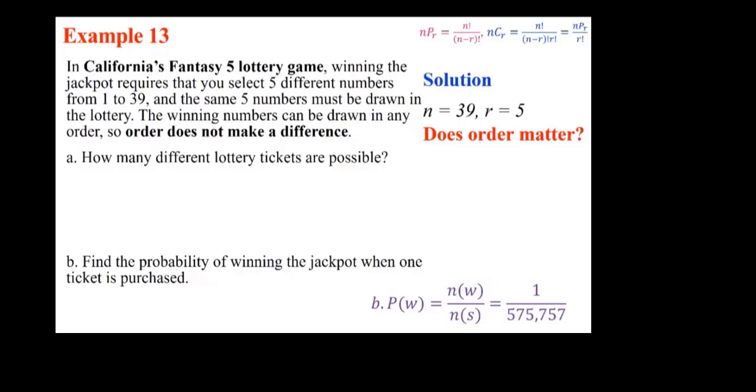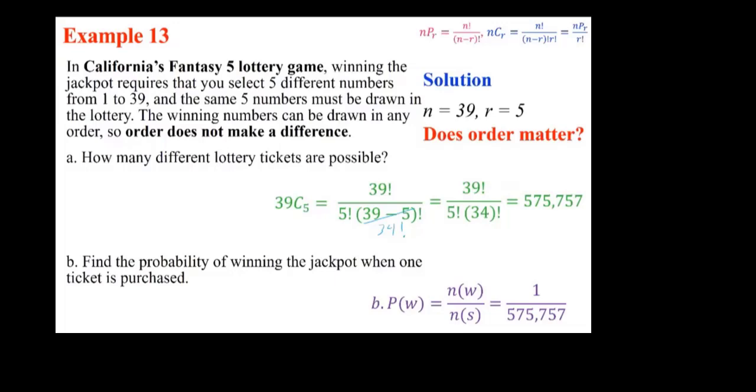So with that being the case, we are looking at the combination of 39 choose 5, and do the math. 39 factorial over 5 factorial times 39 minus 5 factorial. Of course, this is 34 factorial. And again, you're not expected to do this by hand, but if you were to, you keep the 34 factorial in the denominator, and the top becomes 39 times 38 times 37, 36, 35, and then you stop at 34.